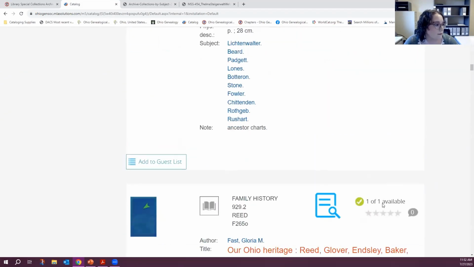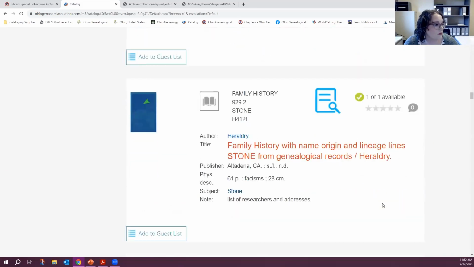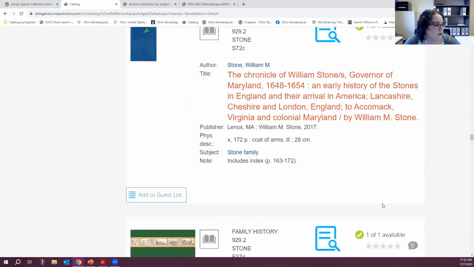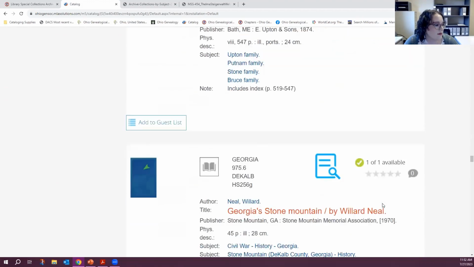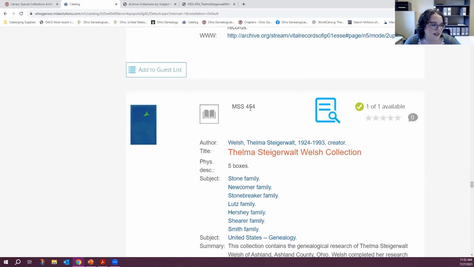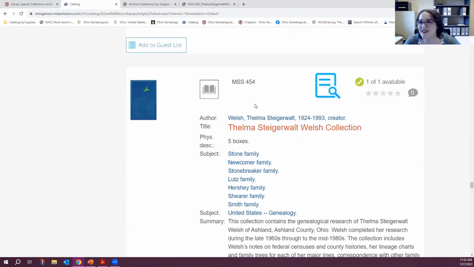And then Georgia, and then Massachusetts. Oh, we're almost there. MSS 454. Any of the archival collections will display the call number as MSS 454.